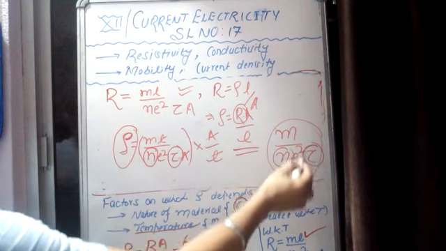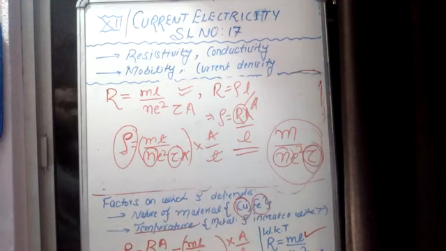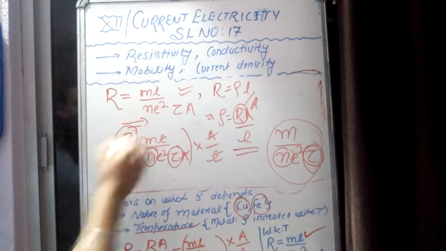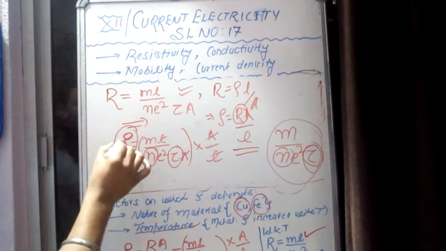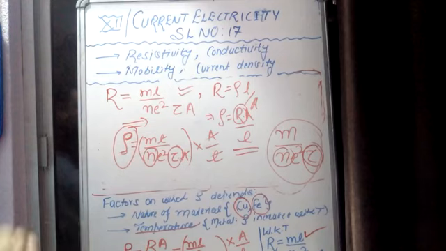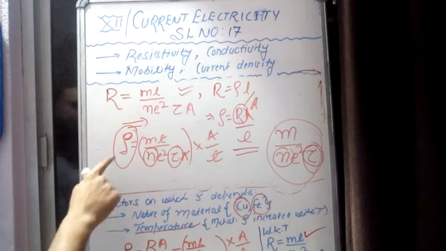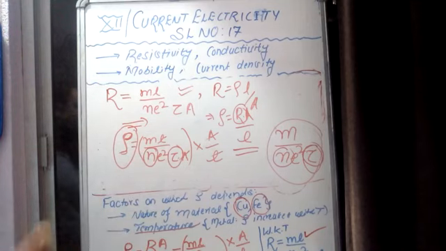Similarly, if temperature is increasing, the relaxation time, that is the time between two successive collisions, also keeps changing. So ultimately the result is that resistivity depends on temperature and nature of the material. It does not depend upon the dimensions of the material. So this is all about resistivity.